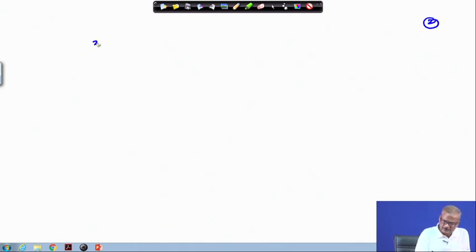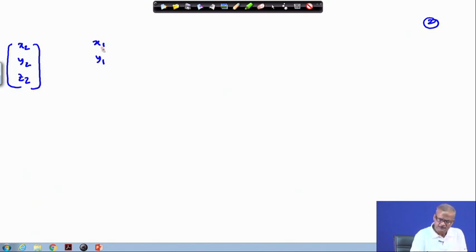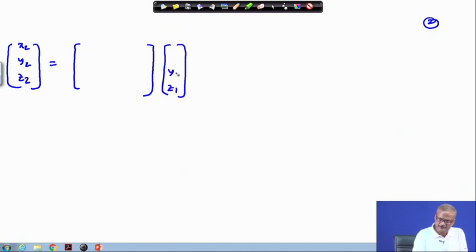So, now if we want to write the same thing in terms of x, y and z, because the z axis has not been changed, we can write this as z 1, y 1, x 1. So, this axis is not changed, it remains intact.